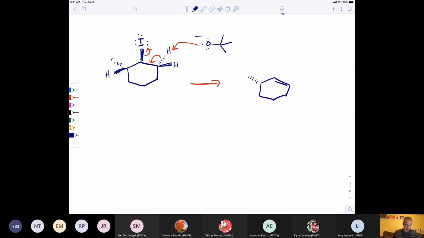But if we do say, like, draw the chair conformation, if we want to see the whole thing, you do have to be able to do that. We ask you these in different ways. Sometimes we'll ask you to draw the whole mechanism. Sometimes we'll just say, draw the major product. And if you had to draw the major product, you just need that. It's probably good practice, though, in every case to draw the full mechanism out, because sometimes you get products that you may not expect.